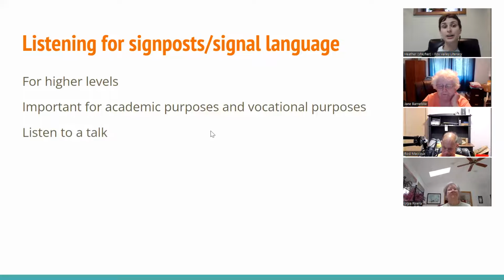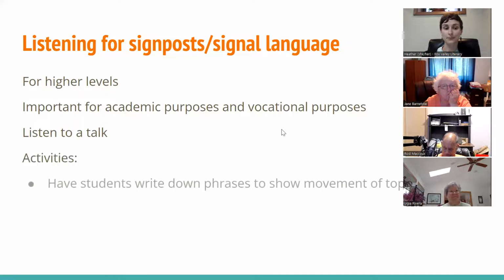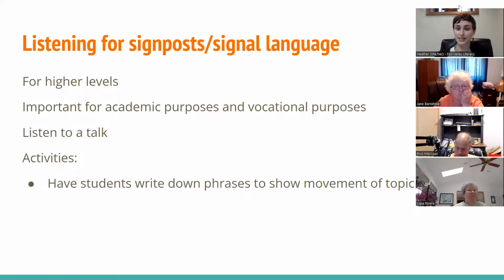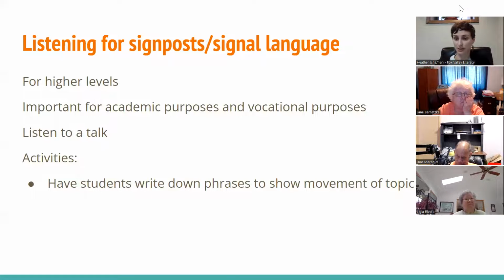One way to find good signpost and signal language examples is by listening to more academic talks or talks that are educational. So some activities that you can do: have students write down phrases to show movement of topic. You could pre-teach it with a reading activity and then move to listening, especially if reading is easier for your student.